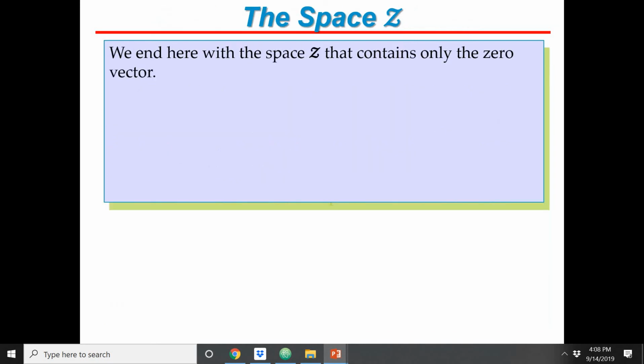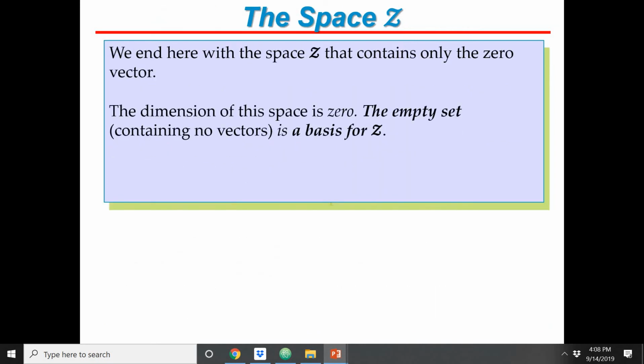All right, we're almost done, so let me just refer to the space Z that includes only the 0 vector. The empty set is a basis for Z, and Z contains only the 0 element. And I remind you never to put the 0 vector in any independent set of vectors, because it destroys independence.